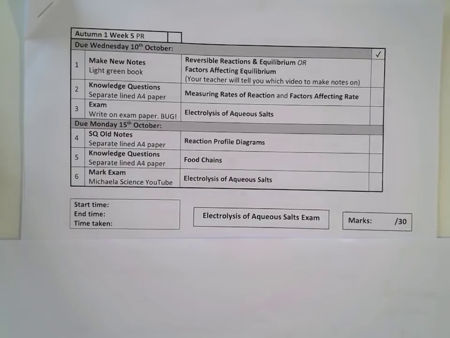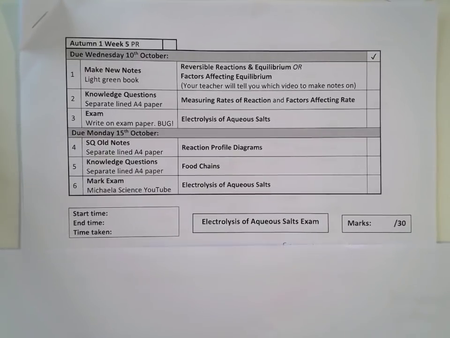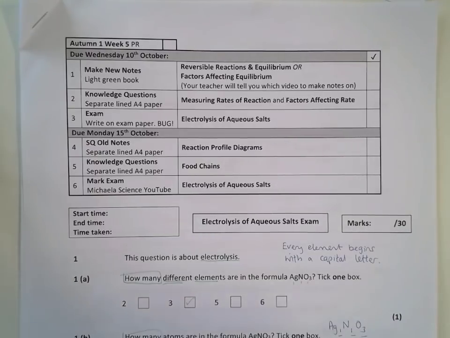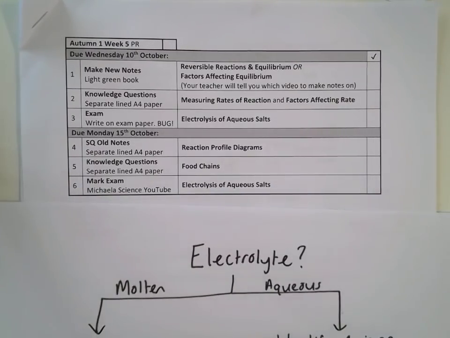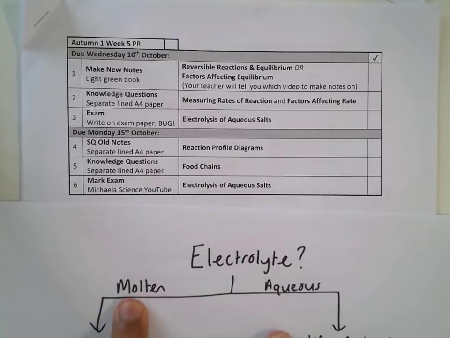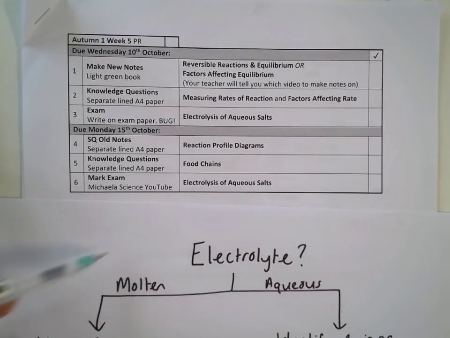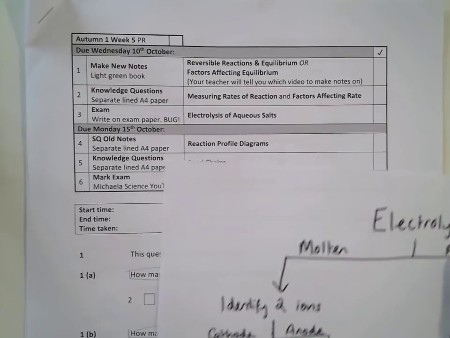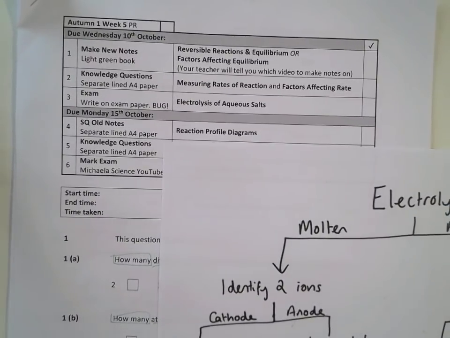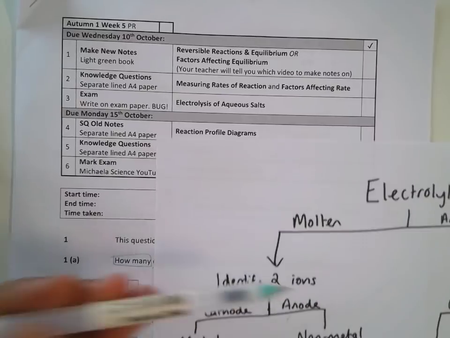Before we begin, it's really important that you're absolutely clear on how to work out questions about electrolysis. The best thing to do whenever you're asked a question on electrolysis is to first decide whether your electrolyte is molten or aqueous. If it's molten, it means it's a liquid form of the ionic compound, and we know that there will be two ions, one positive ion, one negative ion.